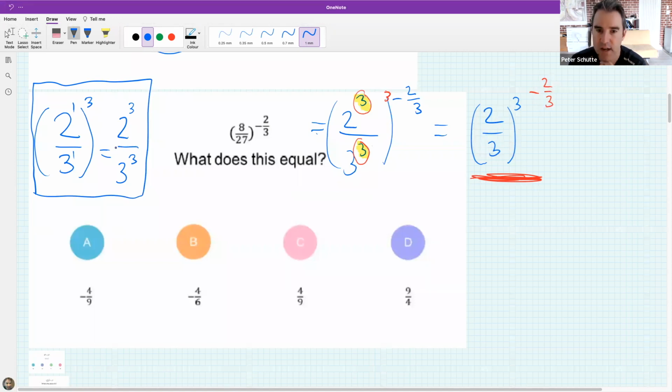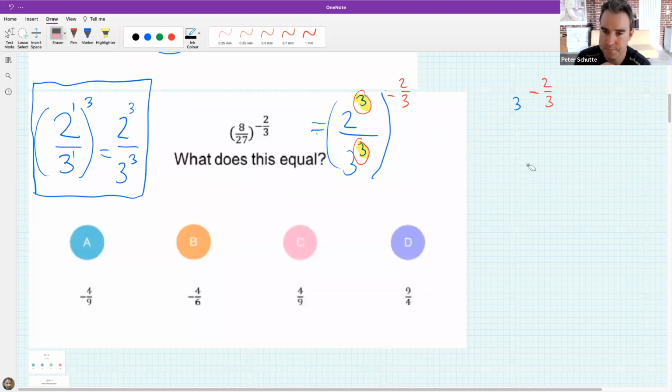Okay. Now think about this one over here. In this question, we first rewrote 8/27 as 2 to the power of 3 divided by 3 to the power of 3. We'll leave this -2/3 just hanging outside. Now I'm going to move this 3 outside. So I've got 2/3 to the power of 3, but the -2/3 is still the power of all of this stuff.